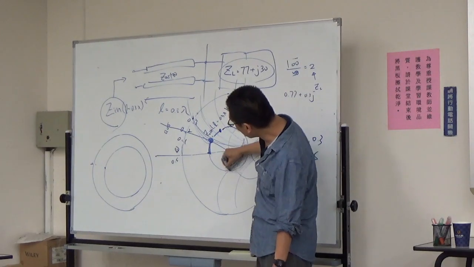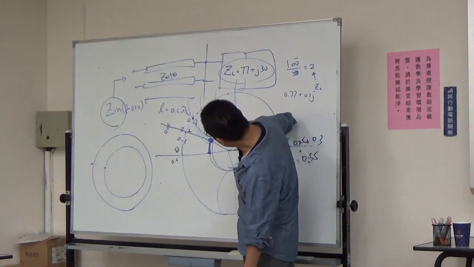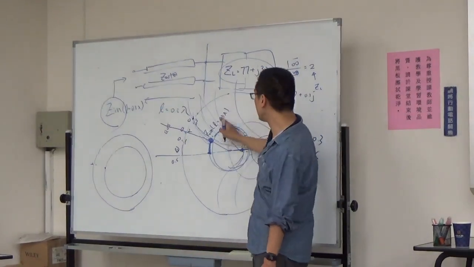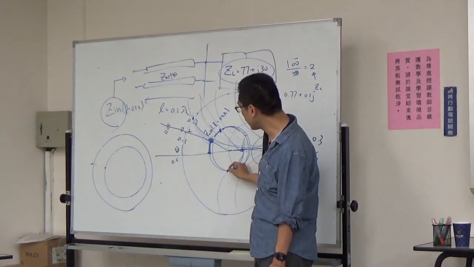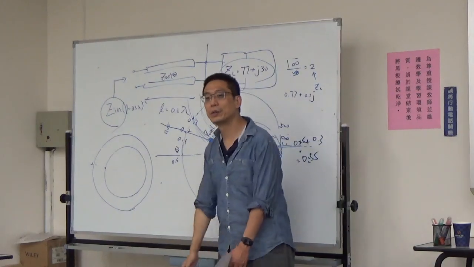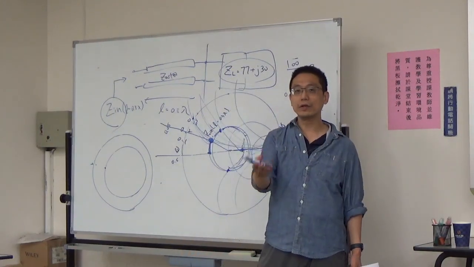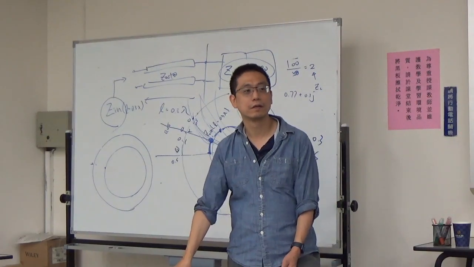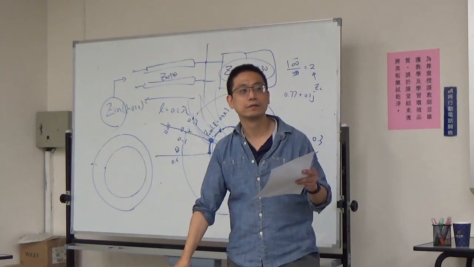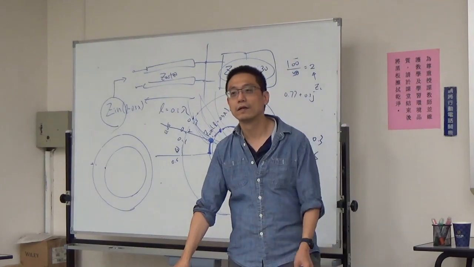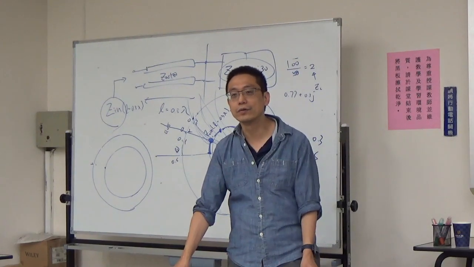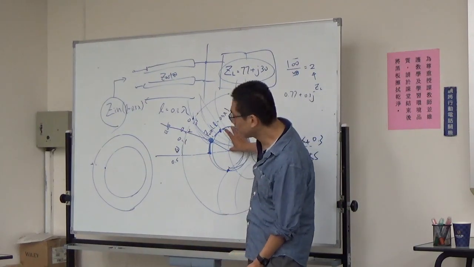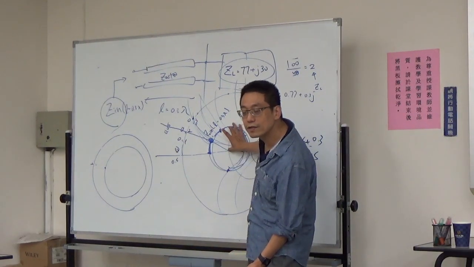Then you draw a circle and change the length of the transmission line to another position and find out what the new input impedance is. Okay, and also the reflection coefficient is here.